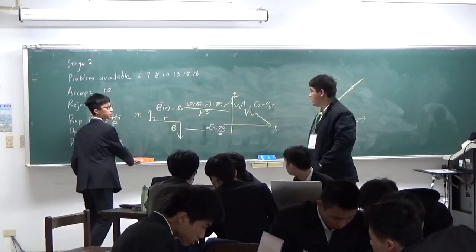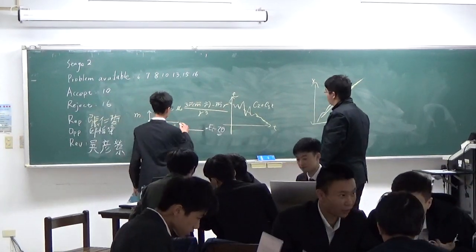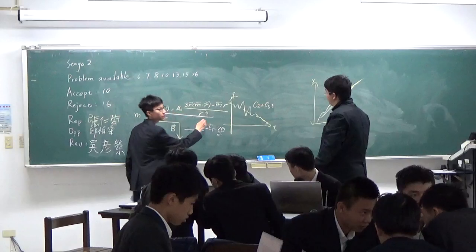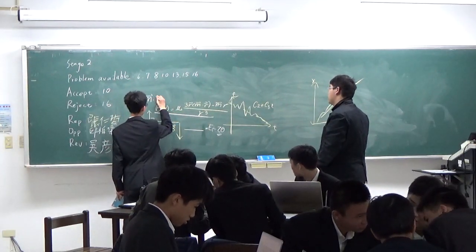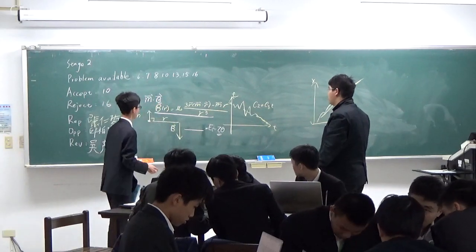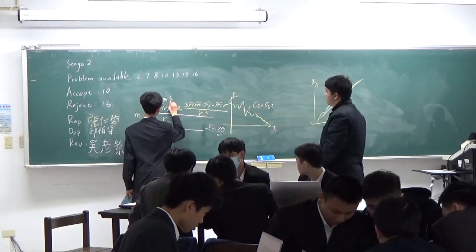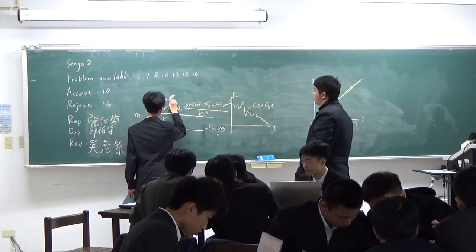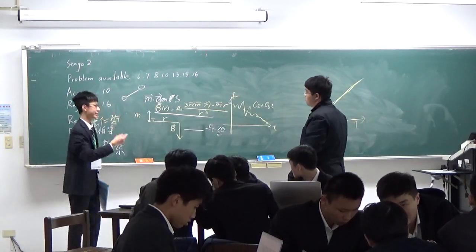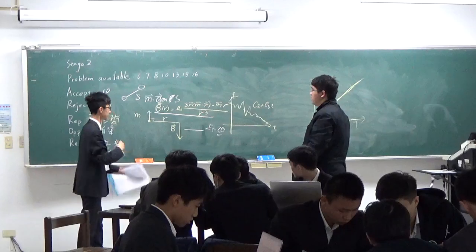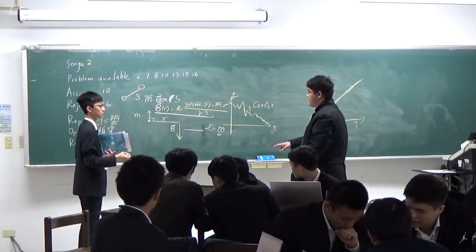So I'll change this into L and B. You use this formula to find out the M dot B is proportional to the S. S is the distance between two magnets, the axis of two magnets.